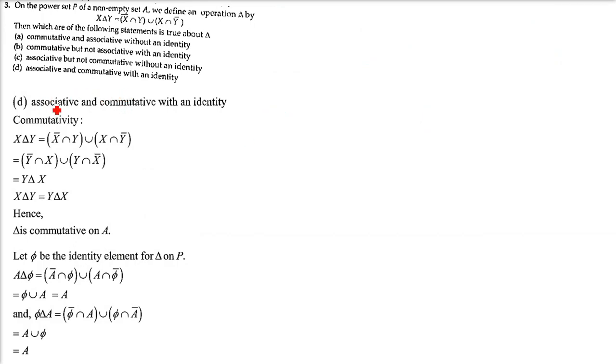Now coming to the associative part, commutative we have already done. So X triangle Y, you have to introduce Z also. So (X triangle Y) triangle Z, if it is equal to X triangle (Y triangle Z): first we operate X and Y, then we operate Y and Z. Now if I start writing it, because it is a bigger expression, it will not be feasible or advisable to do it right there.